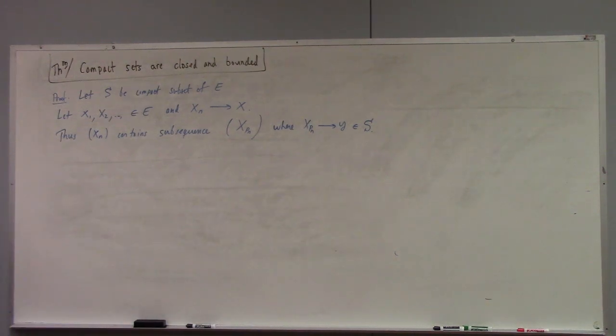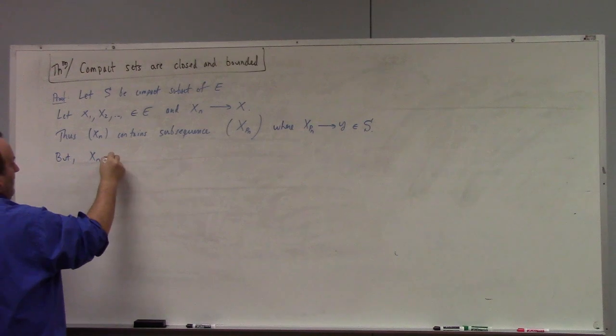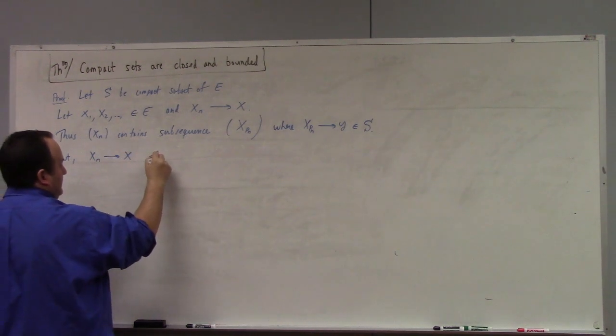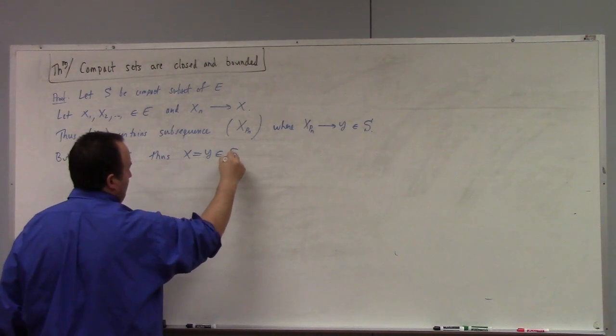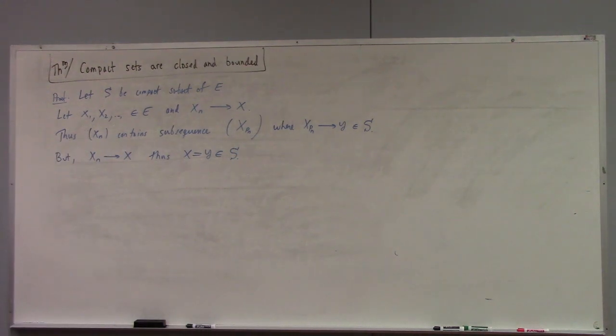Then we use the theorem that a convergent sequence has to converge to the limit of any subsequence. But xn converges to x, thus x equals y, which is an element of S. That proves that an arbitrary convergent sequence in our set converges to a point inside the set, which is to say that it's sequentially closed. So that's half of the battle, it's closed.